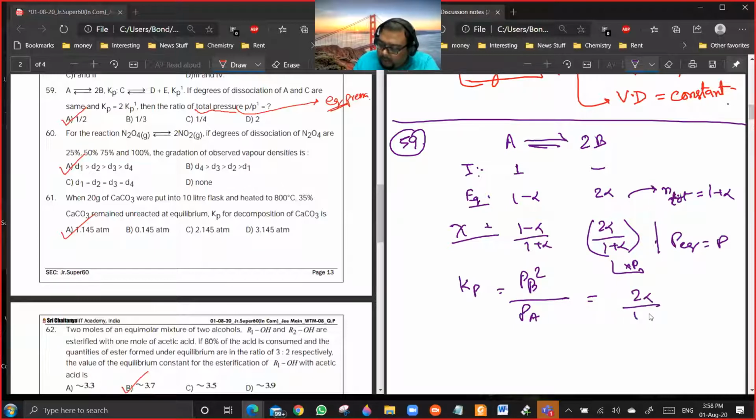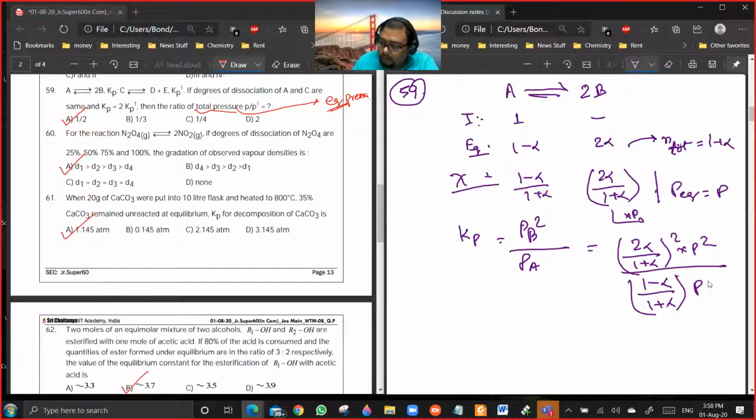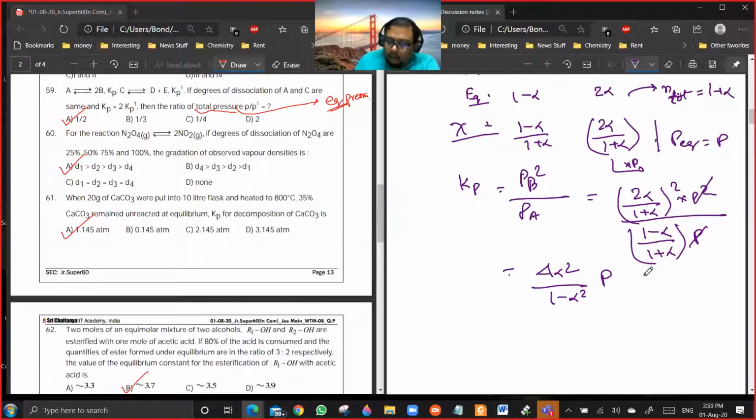So it will be 2 alpha by 1 plus alpha, squared, into P squared, divided by 1 minus alpha by 1 plus alpha into P. So this will cancel out. This is 4 alpha square, and one 1 plus alpha will get cancelled out. So this is Kp for the first case.